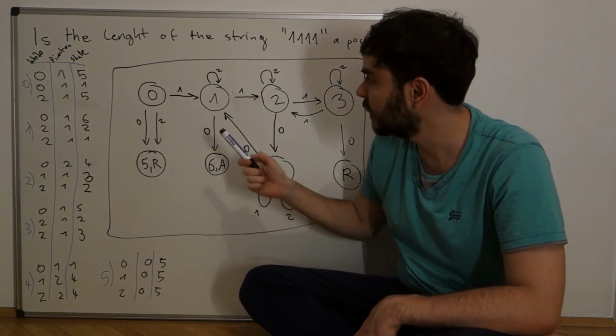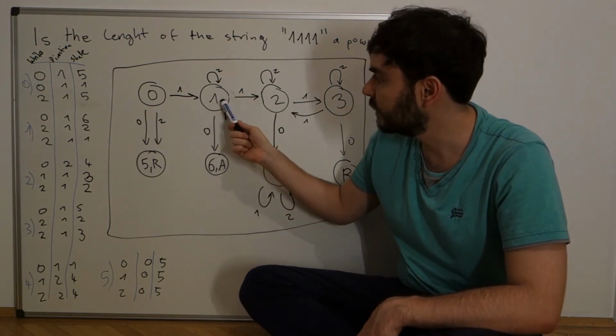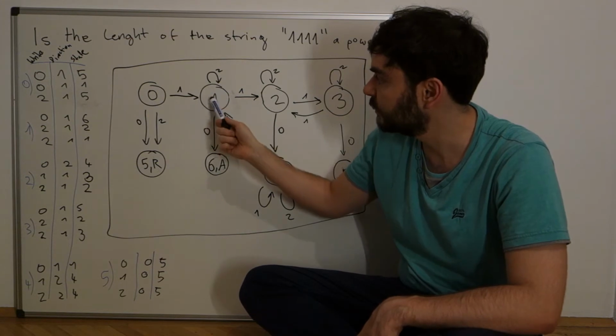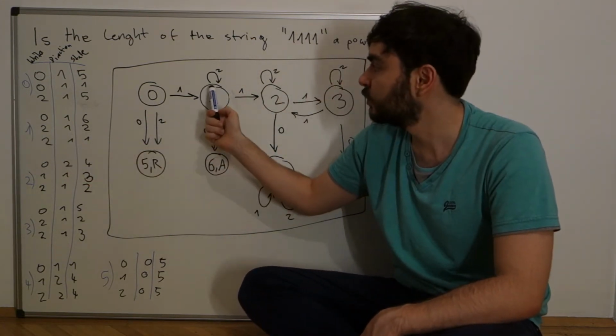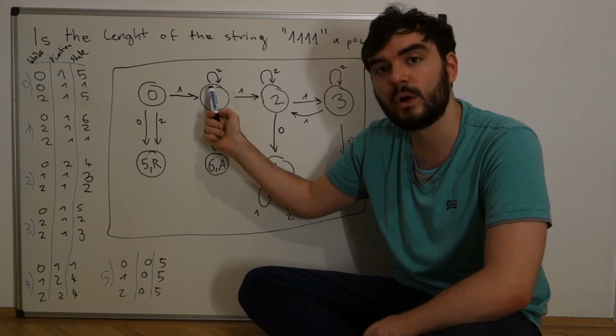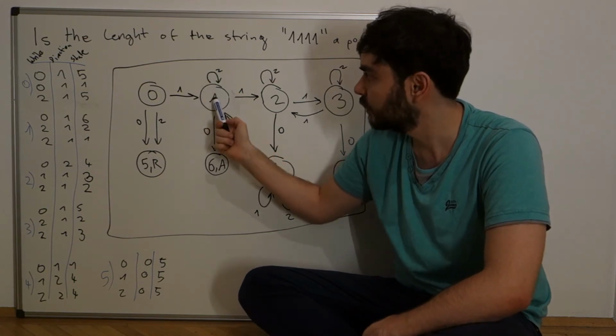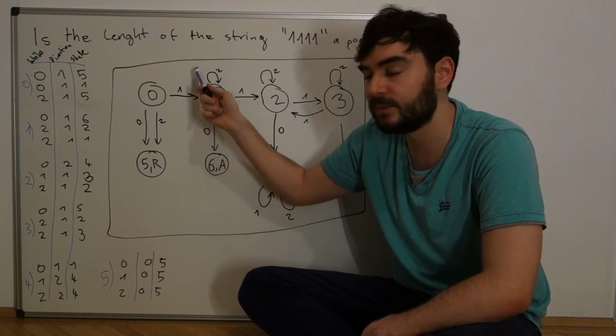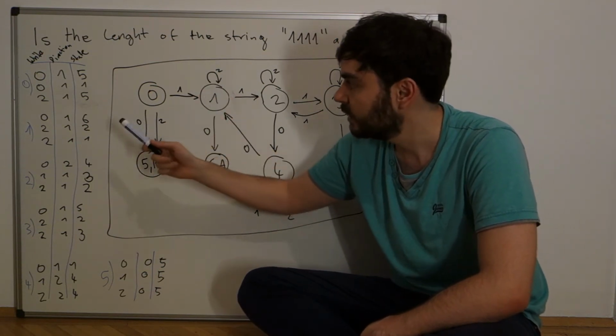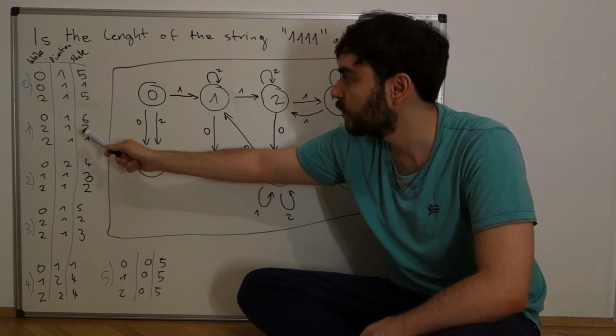So for example, if you are in the state 1, the state indexed with 1 here, that's this one, and you see a 2 on the string, you go back there, and this information that in the state 1, given a 2, you go back to state 1, that's also encoded here.